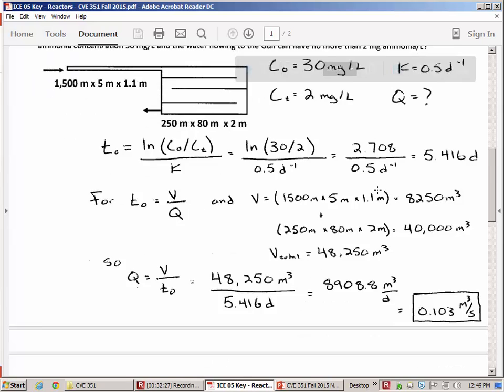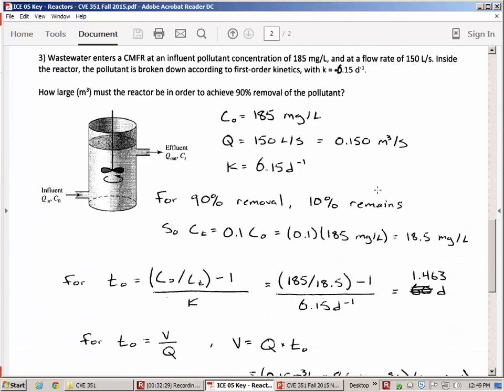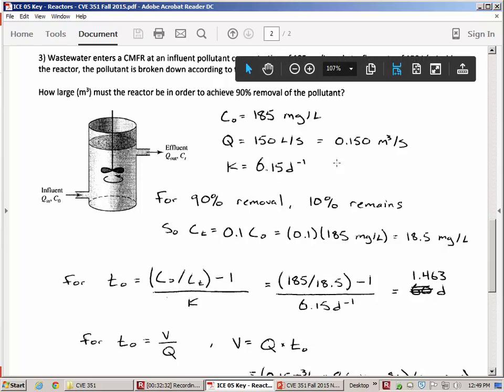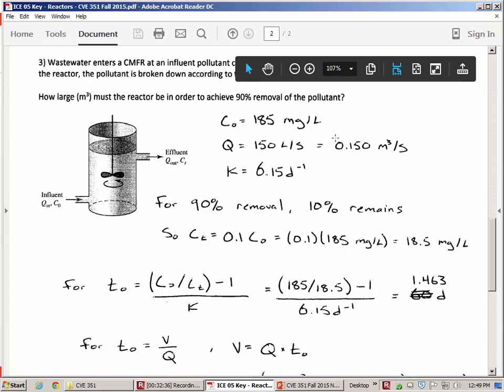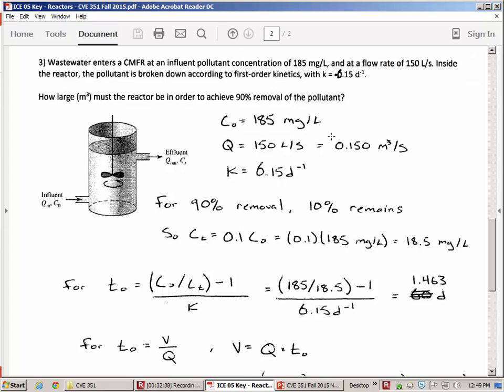Let me just show you the solution of the last one. You don't have to furiously copy it down. It says 90% removal. If you have 90% removed, how much is left? 10% remains. So the initial concentration is 185. If 10% of that is left, the concentration coming out, the C sub T, is 18.5.